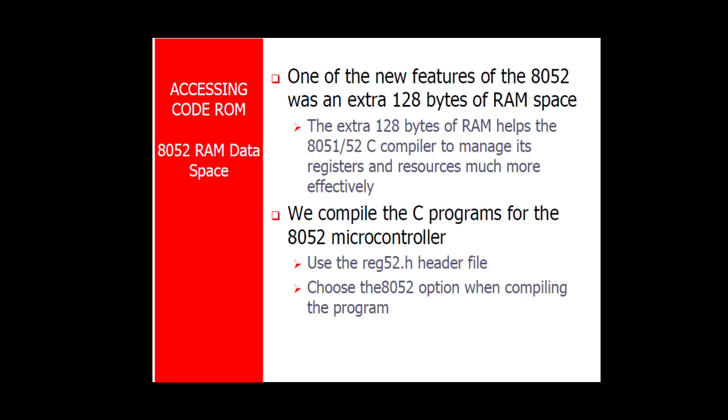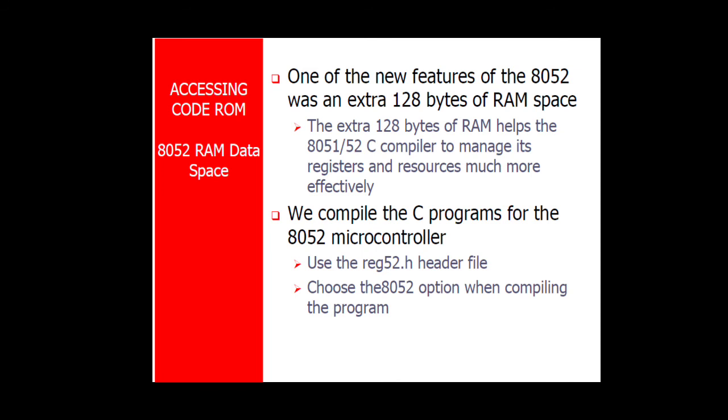Accessing code ROM, here 8052 RAM data space. One of the new features of the 8052 was an extra 128 bytes of RAM space. The extra 128 bytes of RAM helps the 8051 or 52 C compiler to manage its registers and resources much more effectively. We compile the C programs for the 8052 microcontroller.